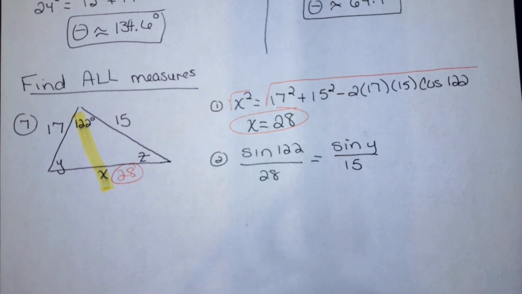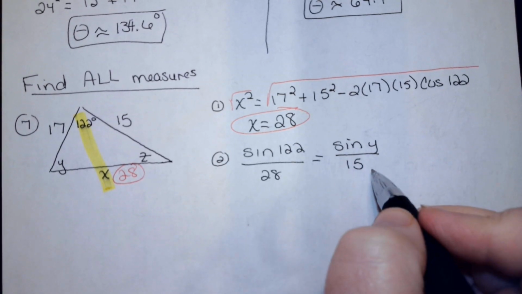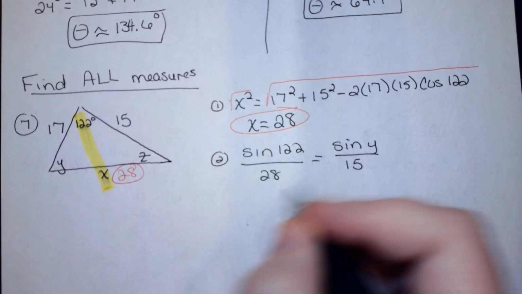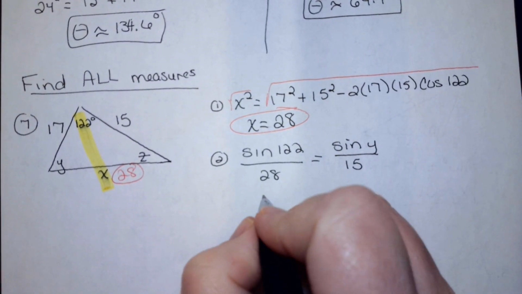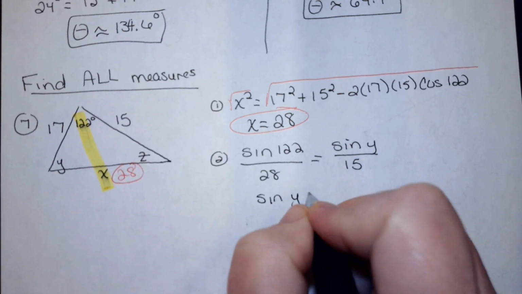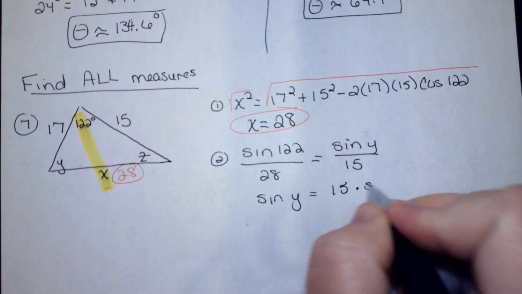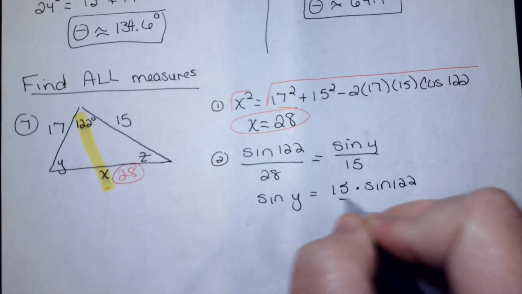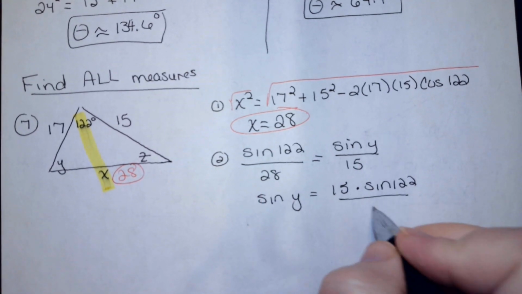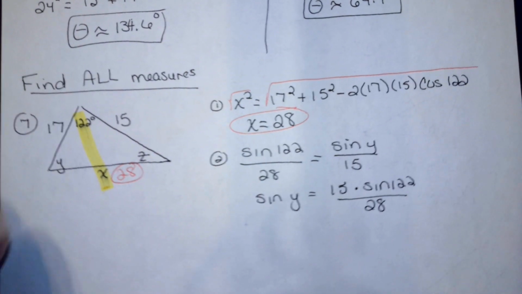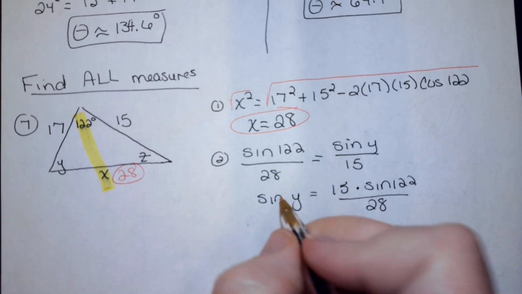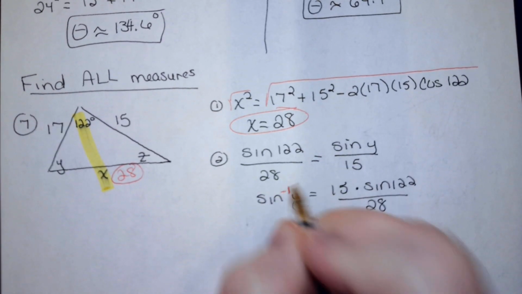So this is like what we were doing yesterday. We're going to cross multiply, and when I solve for y, I'm going to end up with the sine of y equals 15 times the sine of 122, and then we divide by that 28. Since we're looking for an angle, we're going to have to do the inverse.